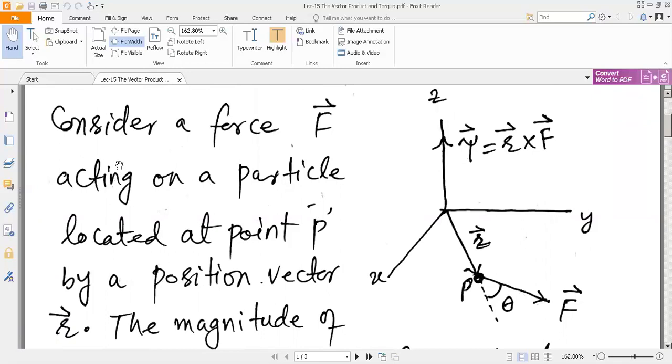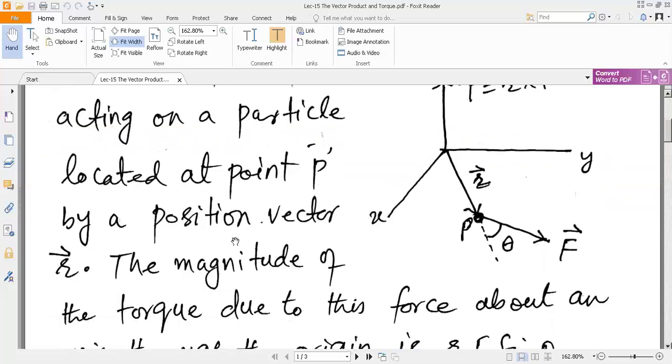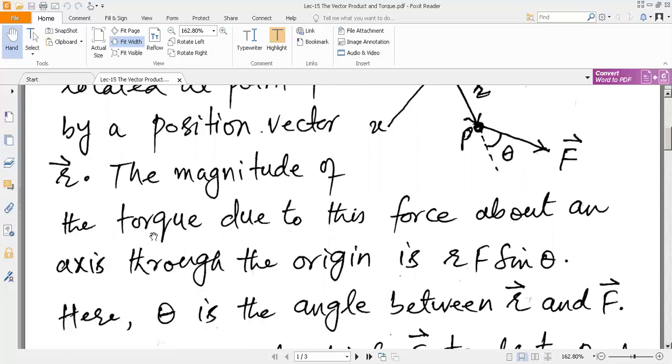Then, considering a force F acting on the particle which is located by a position vector R, the magnitude of torque, which is also known as the turning effect produced by this applied external force, about an axis through the origin is RF sine theta.